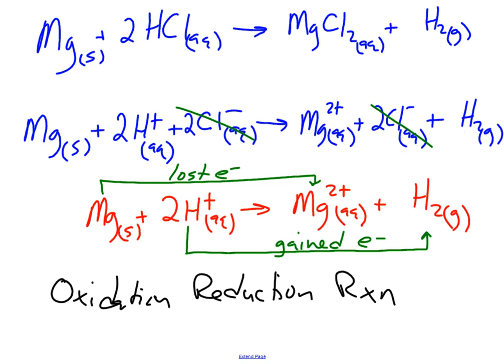A nice mnemonic for remembering this is: Leo the lion goes grr. So the thing that loses electrons is oxidized, and the part that gains electrons is reduced.